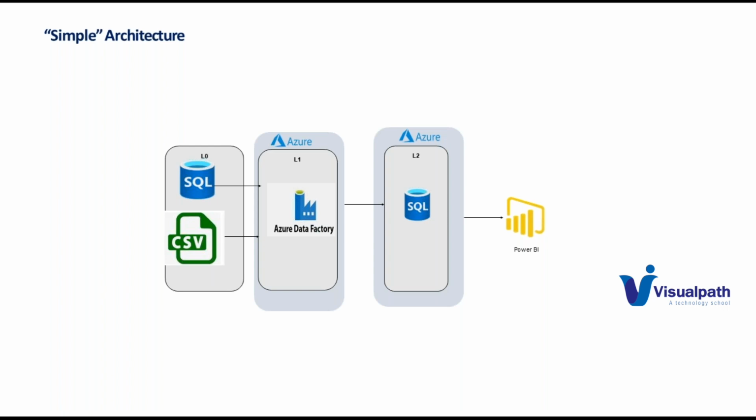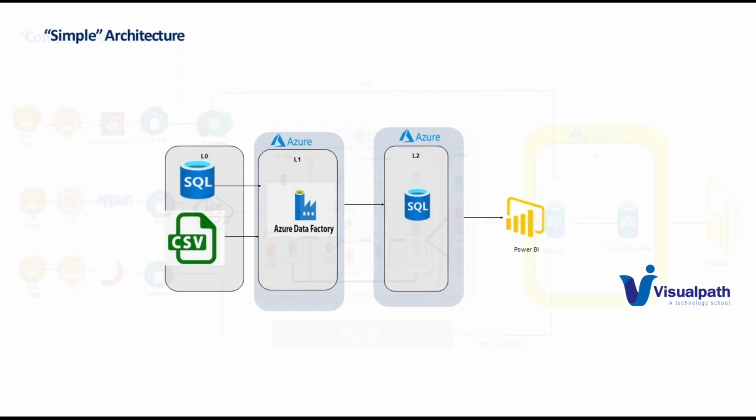And ADF is one of the options. Apart from ADF, you can use Azure Synapse Analytics as well to create pipelines. But nowadays, as the industry trend, I'm just selecting ADF and then pushing the data to the L2 environment, which is known as a sink or destination, and from where you can get the data to Power BI.